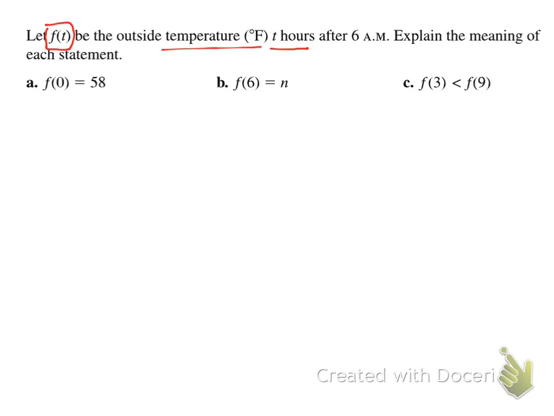It says explain the meaning of each statement. So f of t is the outside temperature in Fahrenheit, where t is hours after 6 a.m. So what does A really mean? What is f of 0? 0 hours after 6 a.m. It is 58 degrees.